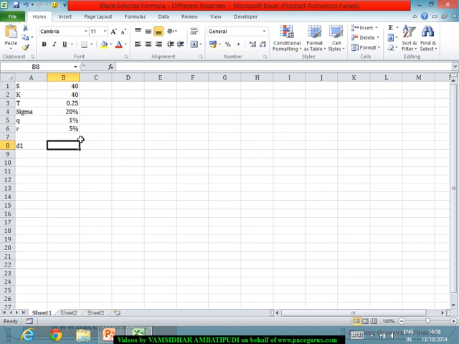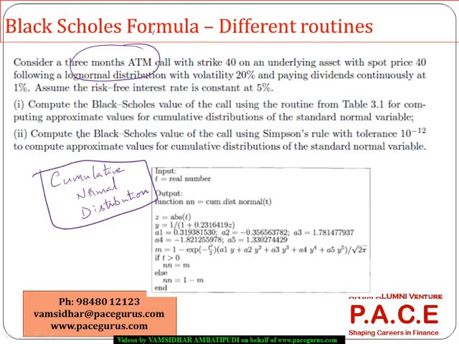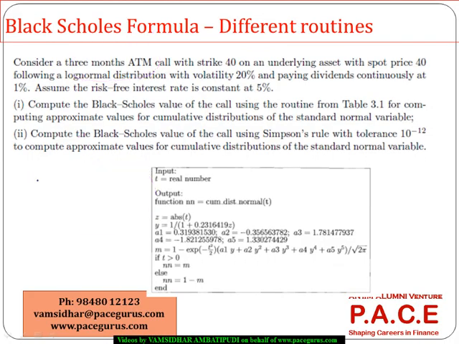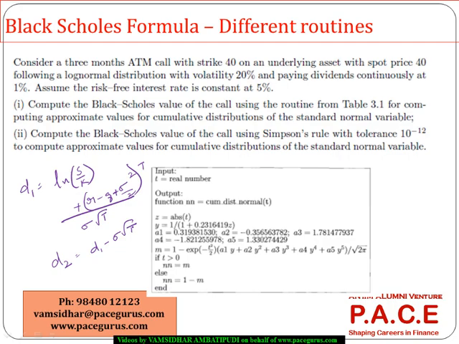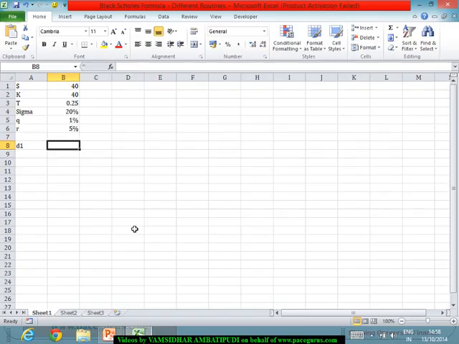Going with the basic formula for normal distribution, for the Black-Scholes formula, I can remember that the formula of D1 is nothing but log S by K plus R minus Q plus sigma squared by 2 into T divided by sigma root T. And D2 will become D1 minus sigma root T. So I can first find out the D1 and D2 using this mechanism.